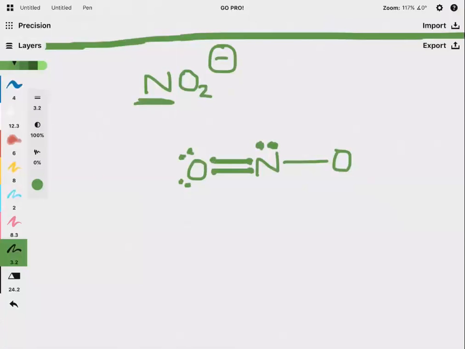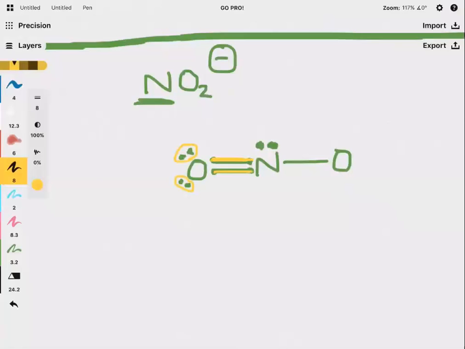Are we fulfilling the octet rule for oxygen? I think we are, because here's 2 for our oxygen, right? There's 2 more, so that's 4. There's 6 that it has in its vicinity, and there's 8. Sweet.